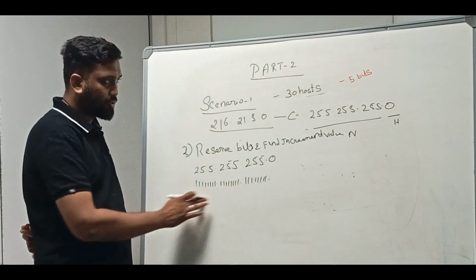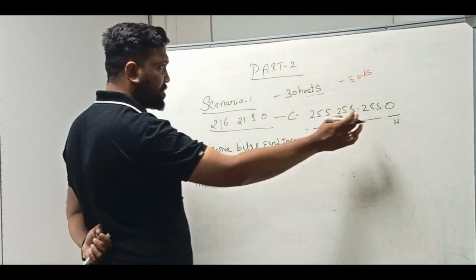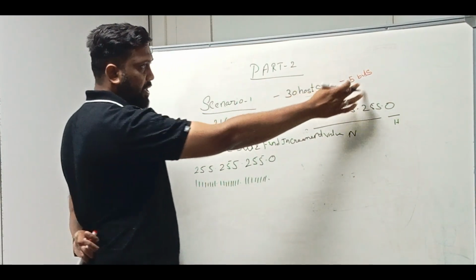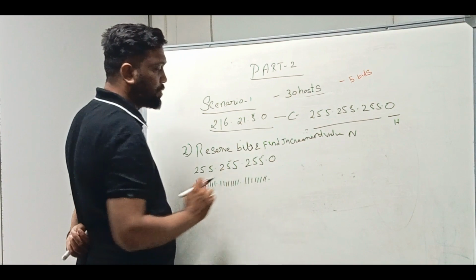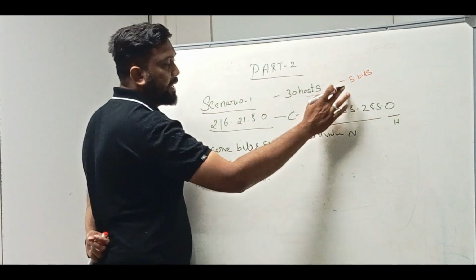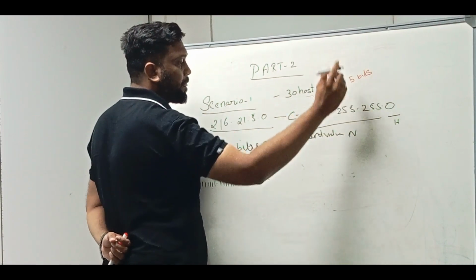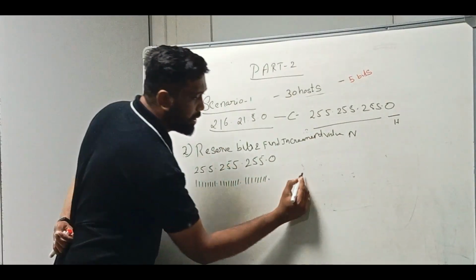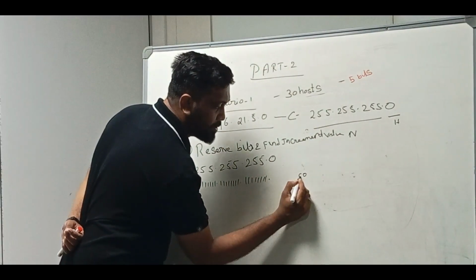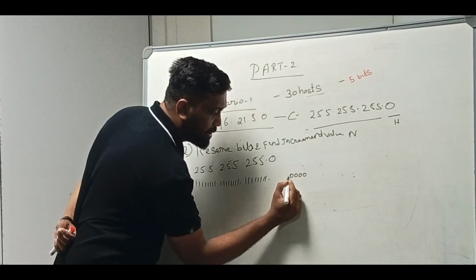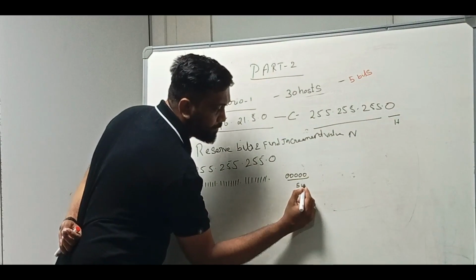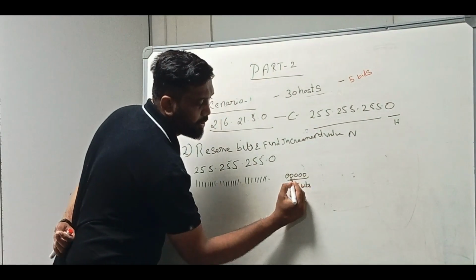Same way we'll do it for host. Now our calculation is for host, right? This last part is the host. So I need 5 bits for host. So let us make the host 0 0 0 0 0, 5 bits for host. 1 2 3 4 5.